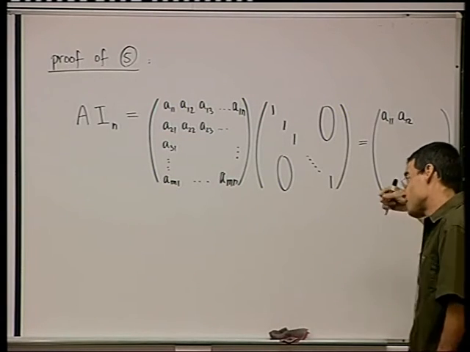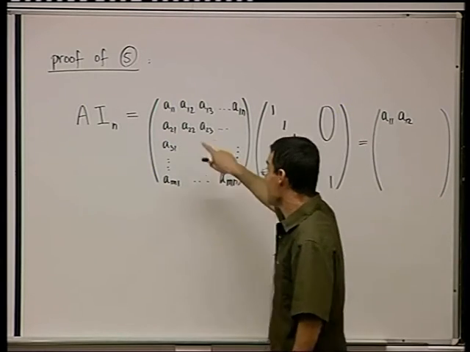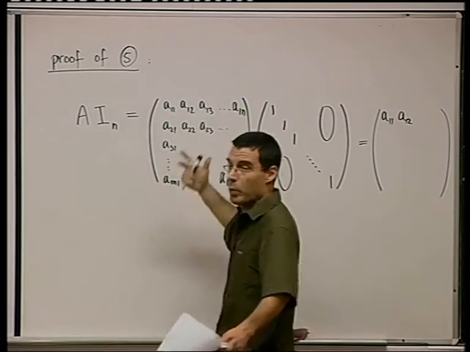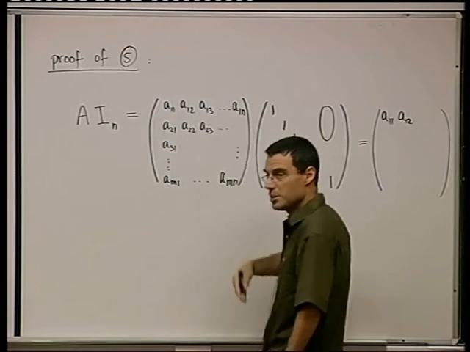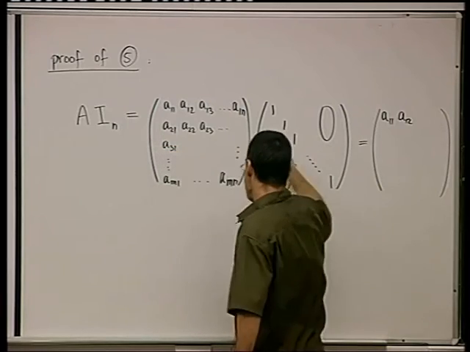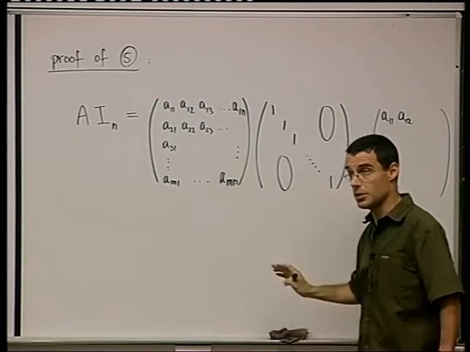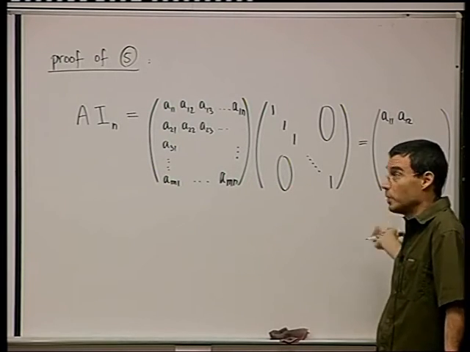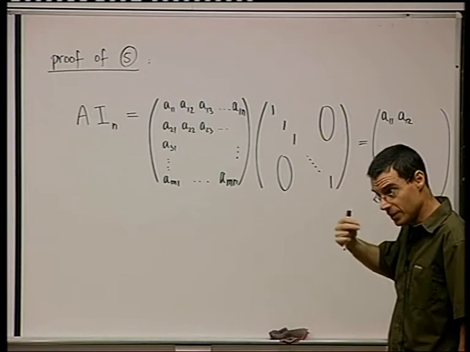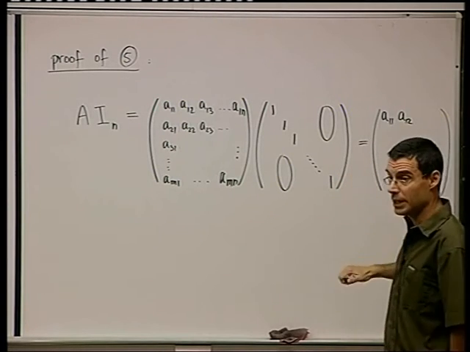So if you want to call this a proof, you have to actually say what I said as I did it. You have to say the ijth element is obtained by taking the ith row here and the jth column here, and in the multiplication, etc., etc., etc. You can't just leave it like this, because this is not saying anything. It's just saying what you need to prove. Clear? Do you understand what the catch is? Why you can't just write it like this?